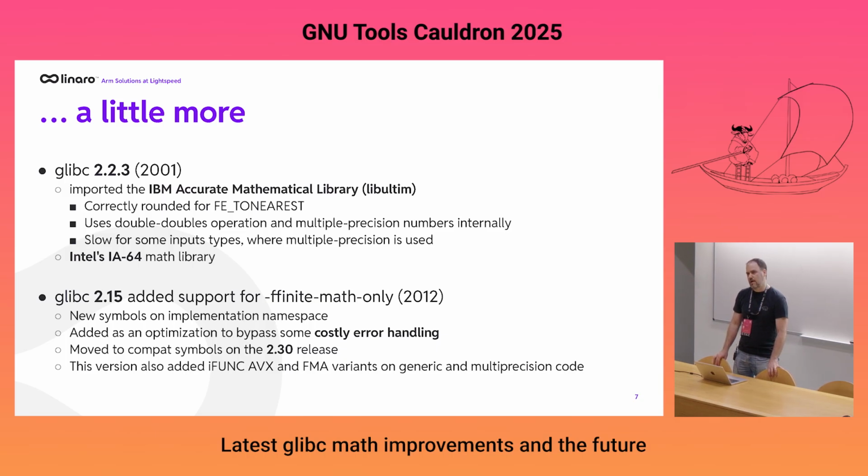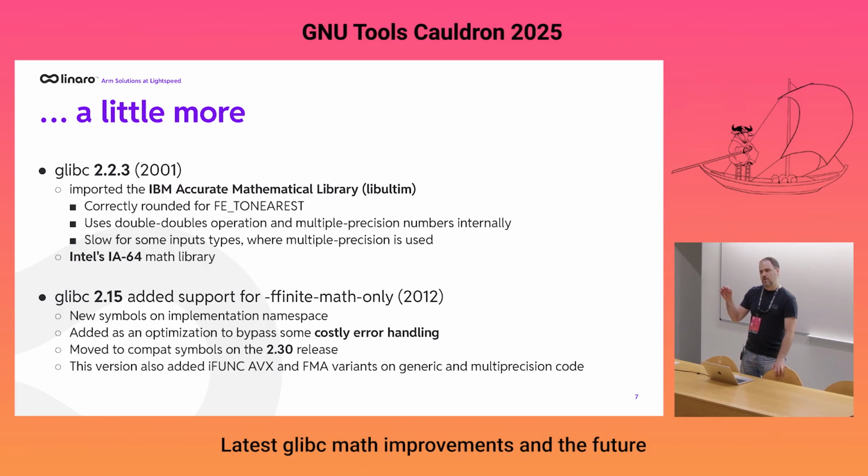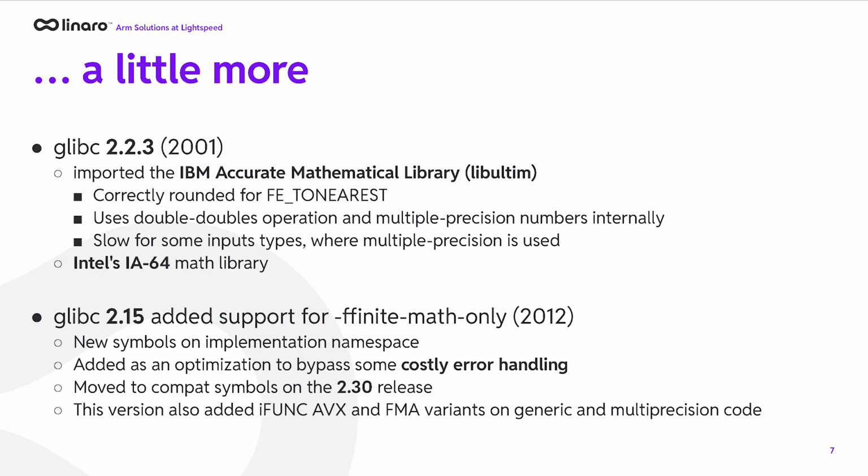It did so by adding, for all implementations, a fast path that does operations with floating point. And if the result is not correctly rounded after a test, it falls back to a multi-precision library that was really, really slow, but at least it provides correctly rounded results.